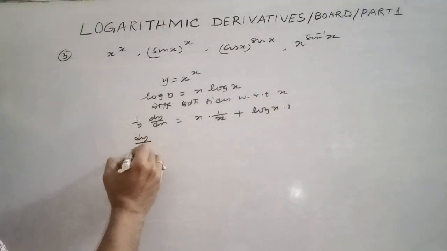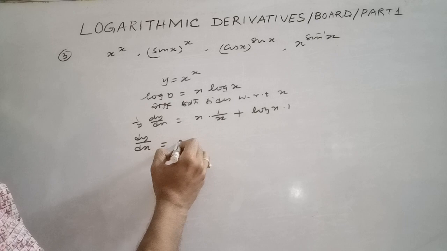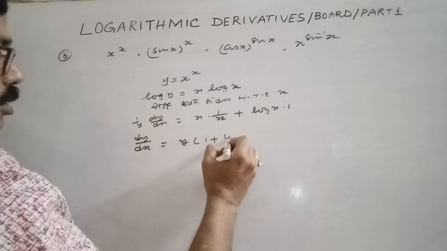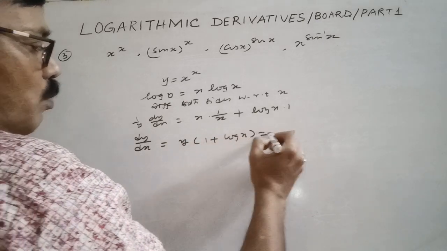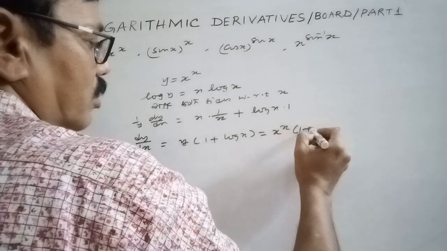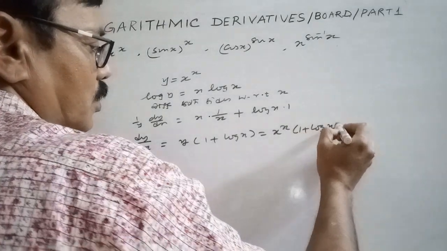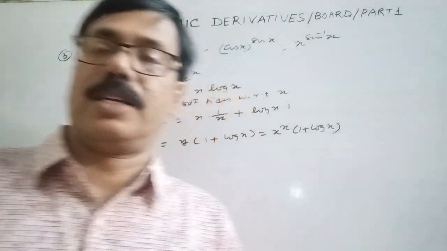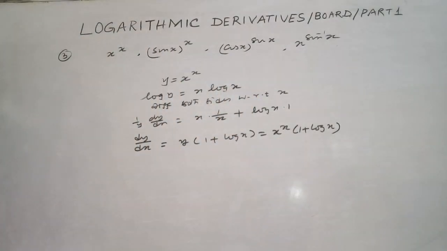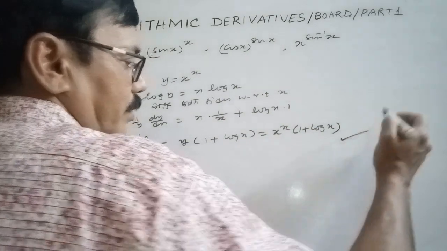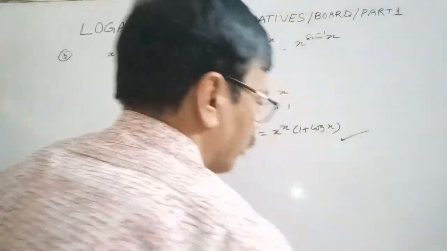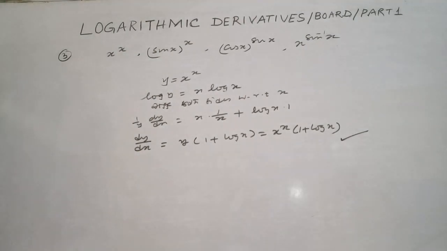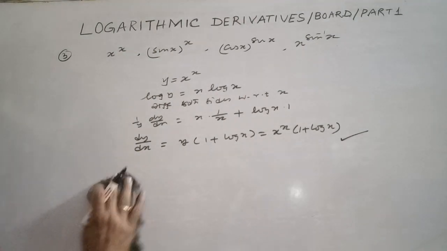So what is dy by dx? y into 1 plus log x. Put the value of y: x to the power x into 1 plus log x. So you are getting this result.